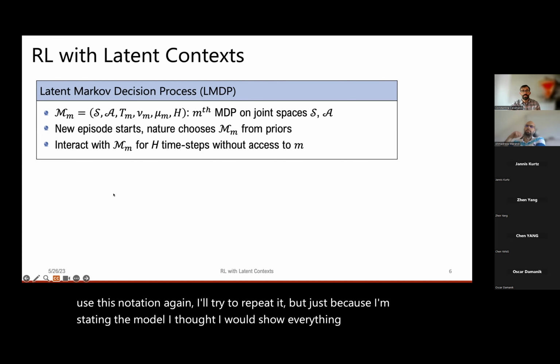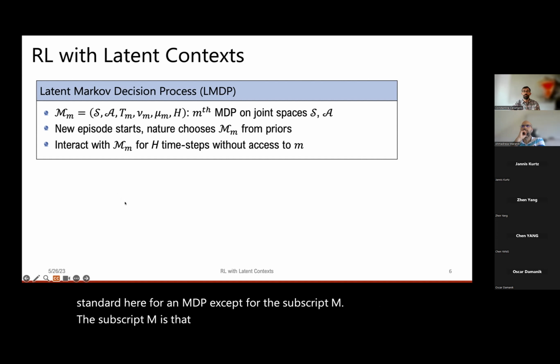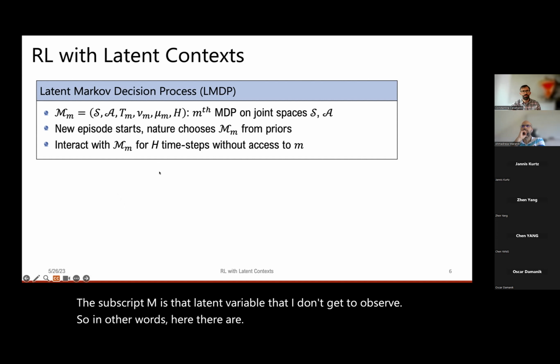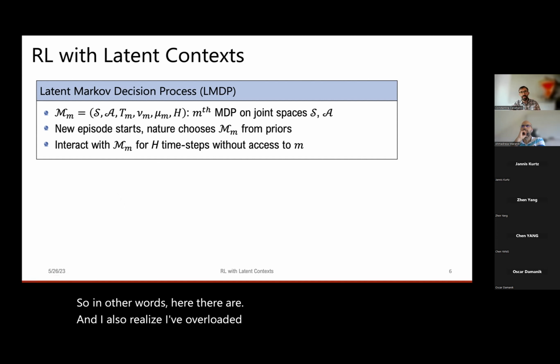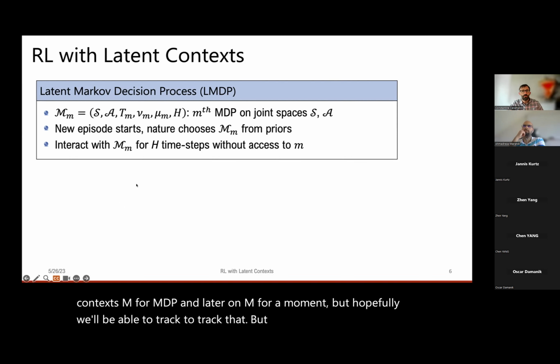Most of it is standard for an MDP, except for the subscript M. The subscript M is that latent variable that I don't get to observe. I also realize I've overloaded the letter M: for the number of contexts, M for MDP, and later on M for moment, but hopefully we'll be able to track that. Everything else here is standard.